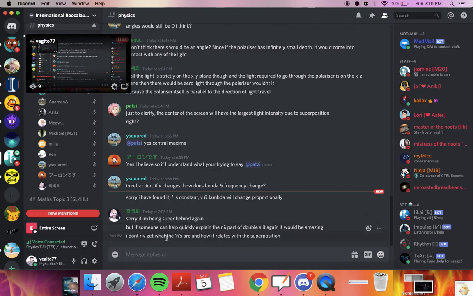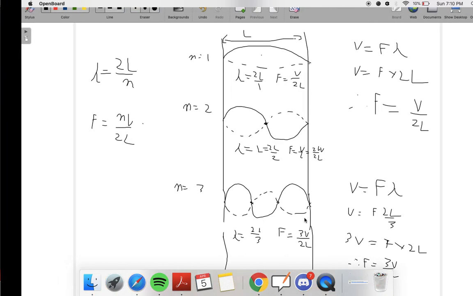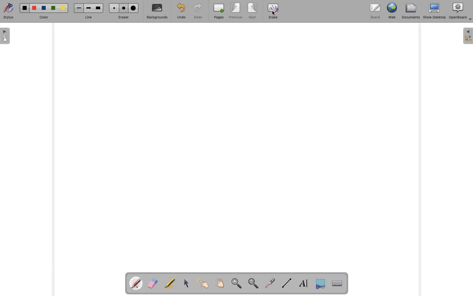Okay, so why does the n relate to the superposition? I'll just go through that quickly again. So if we have a wave, I'll just draw a few oscillations.